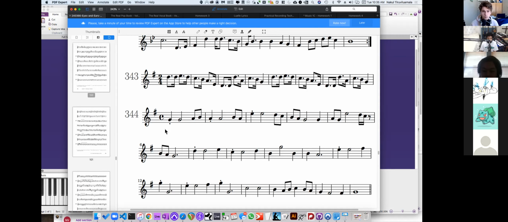We're in the key of G major, so we can kind of stay in the same tonality. Let's start with this one. Let's start with do, okay? 2, ready, go.